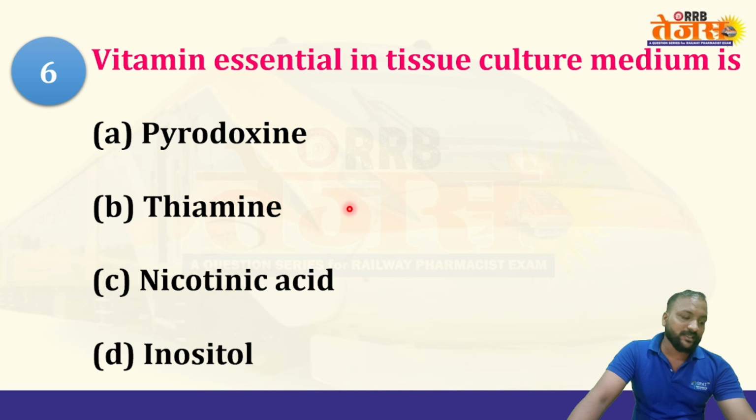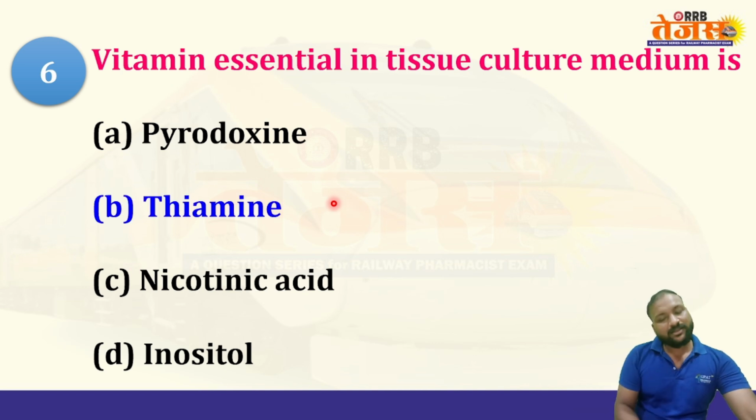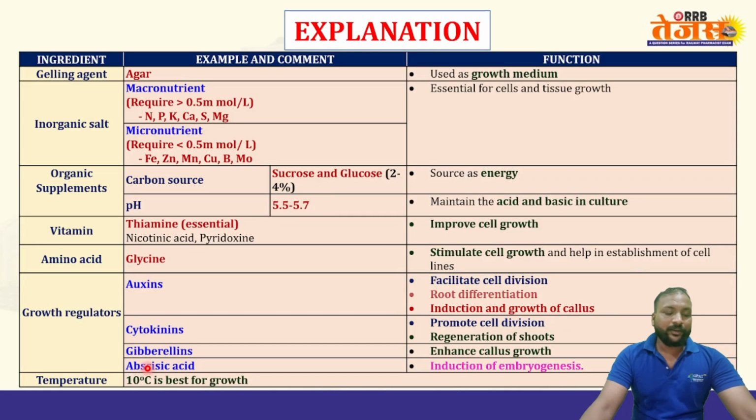So what will be the right answer here? Undoubtedly, thiamine is the vitamin required to improve cell growth. Here you can see the vitamins and others like nicotinic acid, pyridoxine, and other things.